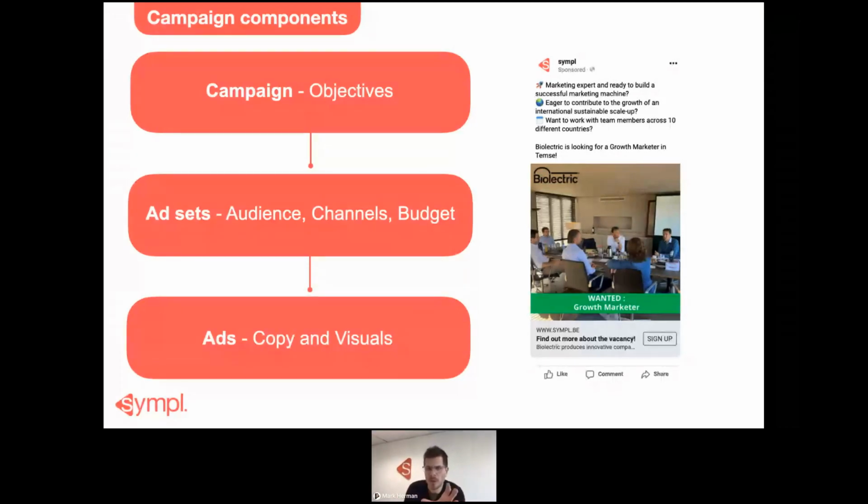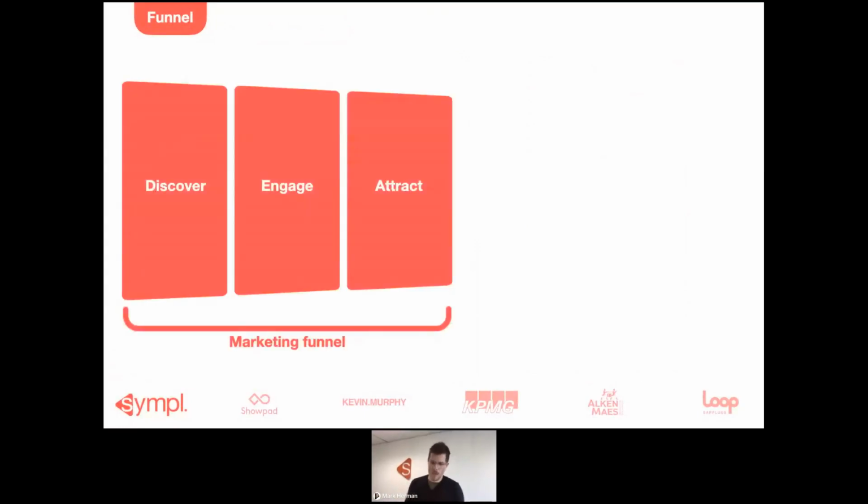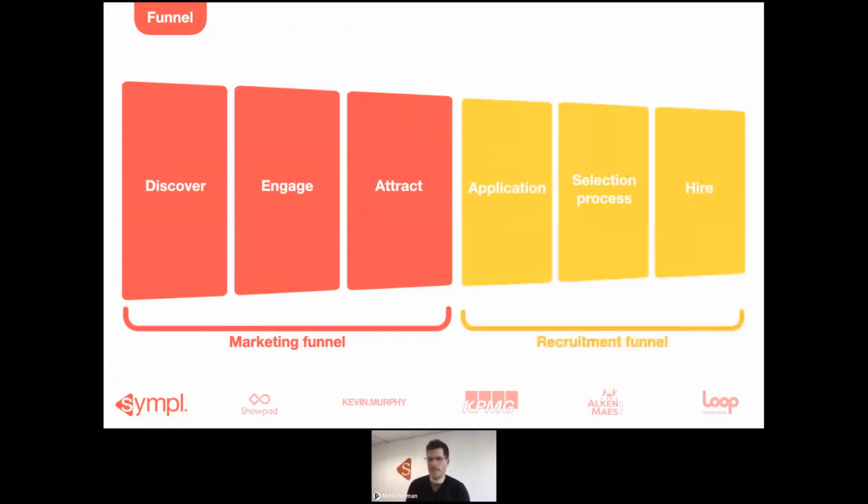What's also very important is that you keep in mind that we're always working with a funnel. What I mean with that is, and I think most of you will be aware of what a recruitment funnel is, if you have 20 people applying for your vacancy, some of those will drop out during the selection process, either because you don't want them to continue or because they stop the process themselves.